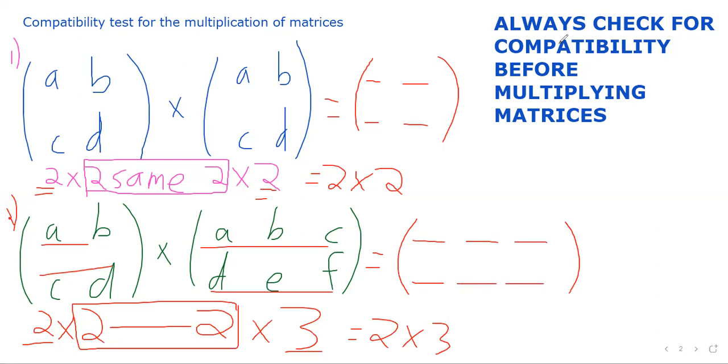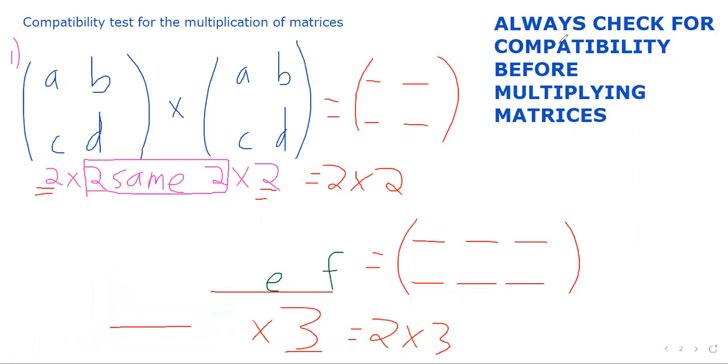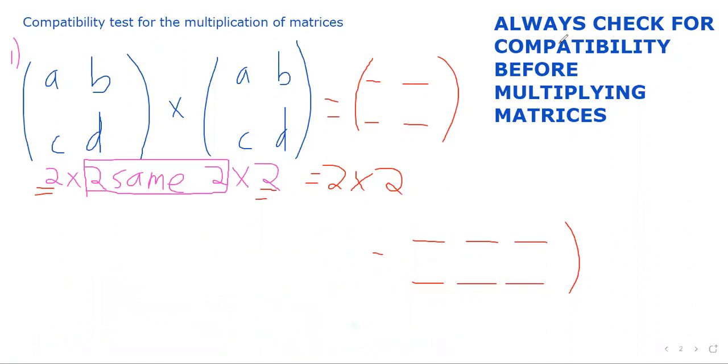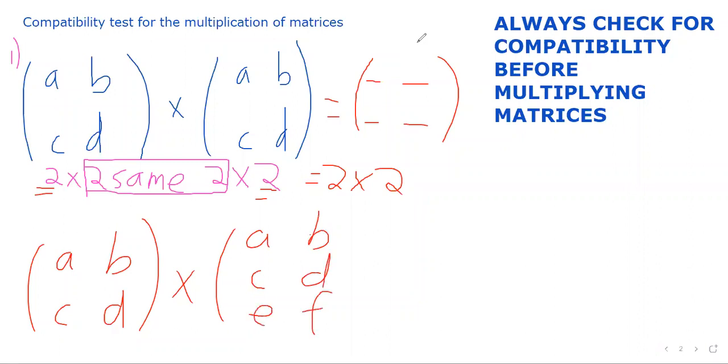Okay, so let me show you one that isn't compatible, so you can see the difference. So if I were to have A, B, C, D, I'm multiplying that by another matrix with letters: A, B, C, D, E, F. So let's name these matrices and see if they are compatible.